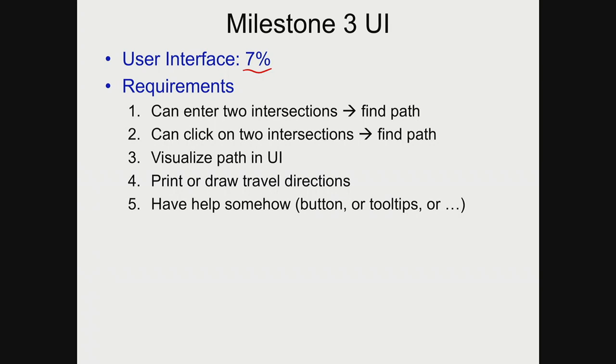You want to give them travel directions, so make some text or some icons that explain how to follow the path. And we want your user interface to be essentially self-documenting. Your TA should be able to figure it out without you there, which means you should have a help button or some tool tips, some way that explains how to use this user interface and what it's doing.